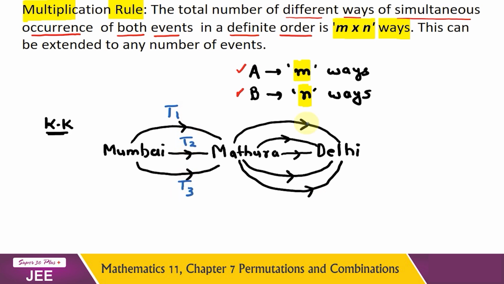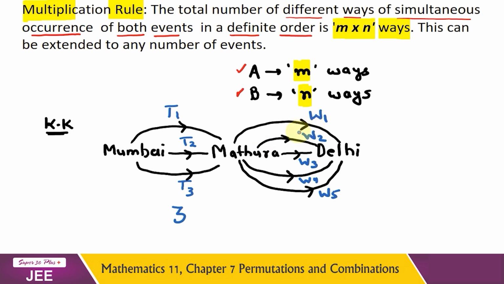Alright, this is W1, W2, W3, W4, and the last one is W5. So here T1, T2, T3 are the different ways by which she can go from Mumbai to Mathura, so here we have 3 ways. And W1 to W5 are the different ways in which she can choose to go from Mathura to Delhi.